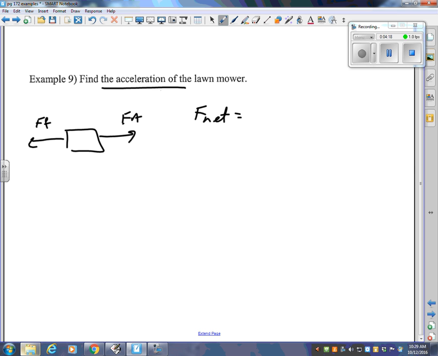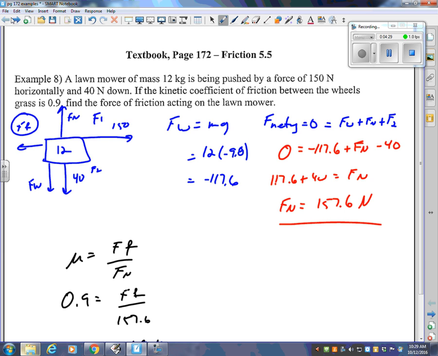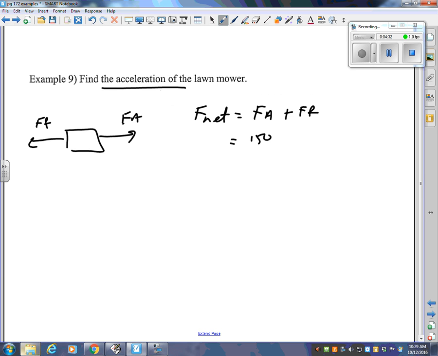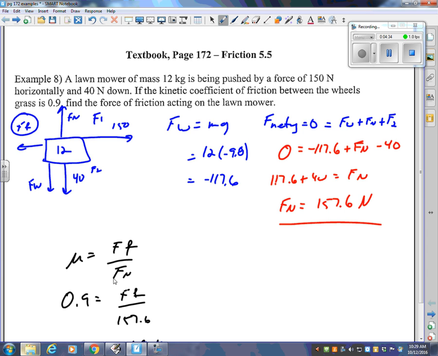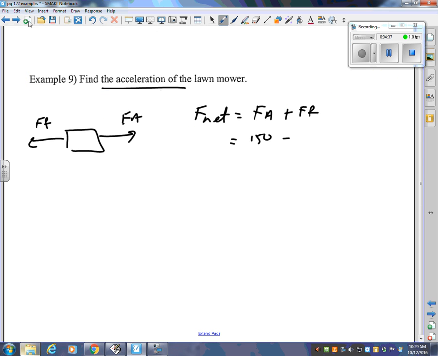So the net x force is going to be my applied force plus my friction force. 150, and the friction force is 141.8. So you get a net force of, is it 8.2, is that right? Which means this thing actually has an acceleration, which is kind of weird.